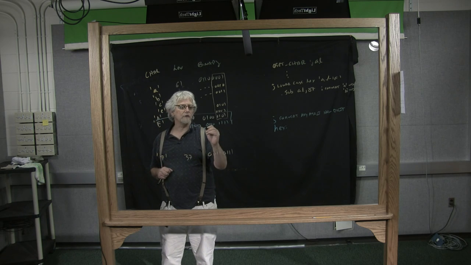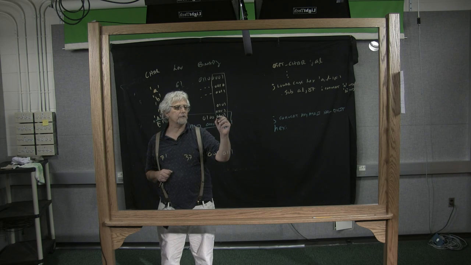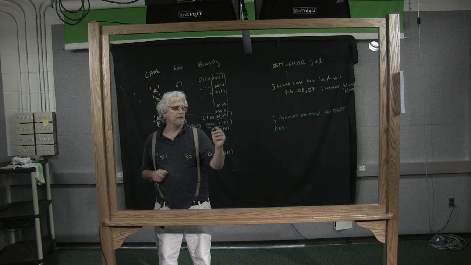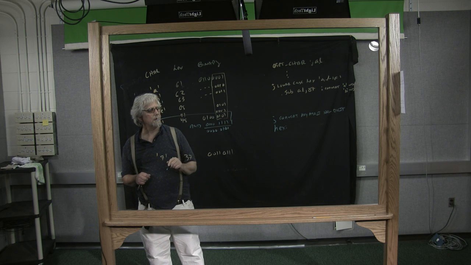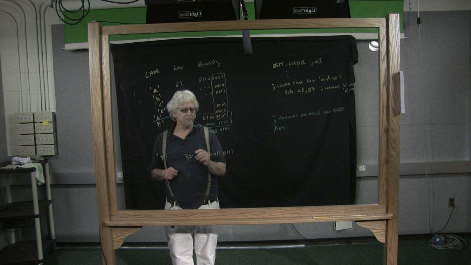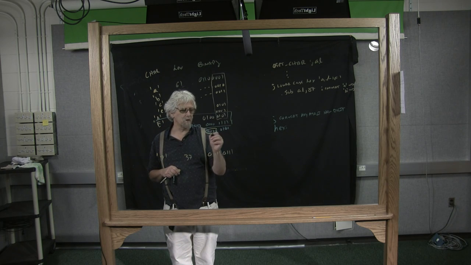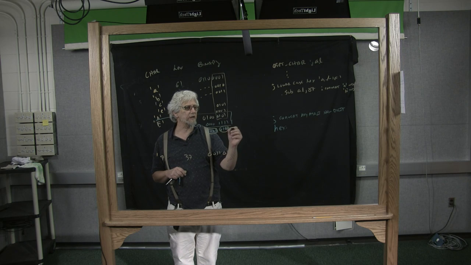And what comes out? 1 and 1 is 1. 0 and 1 is 0. 1 and 1 is 1. 0 and 1, that's a 0. 0 and 1 is 0. 0 and anything is 0. So this part will always be 0. This part will always be 0. And this will be whatever that nibble was.